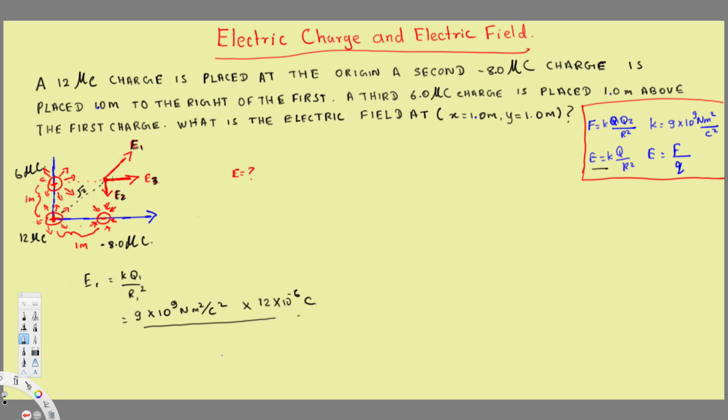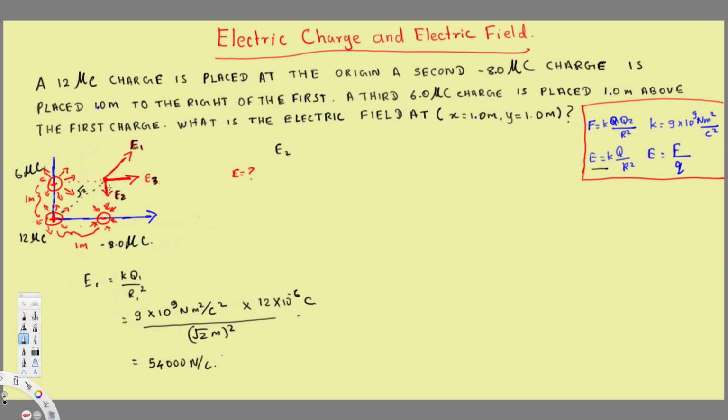From here to here it's √2, so √2 meters squared. If you calculate this value, it gives you 54,000 newton per coulomb. So this is our E1. Let's calculate the E2.